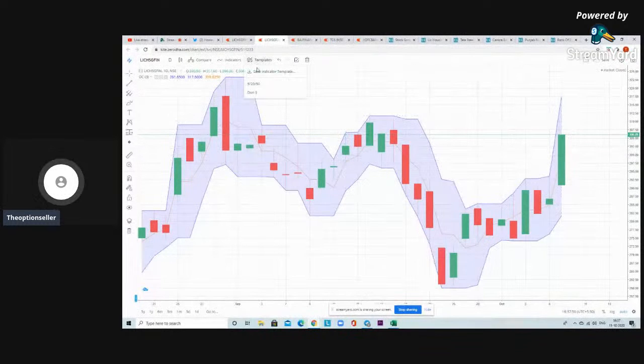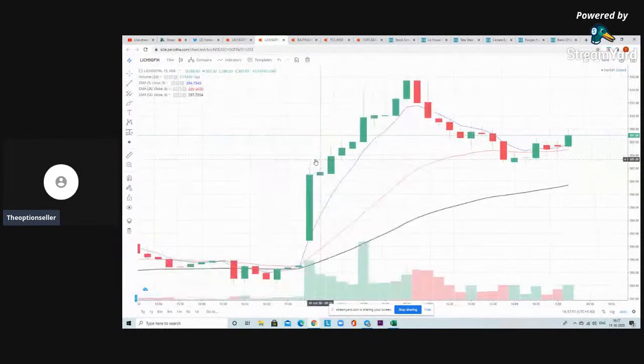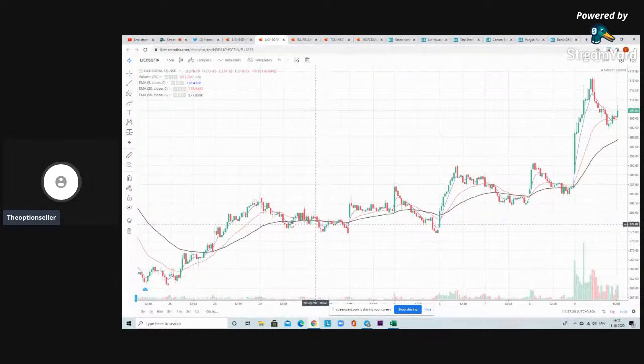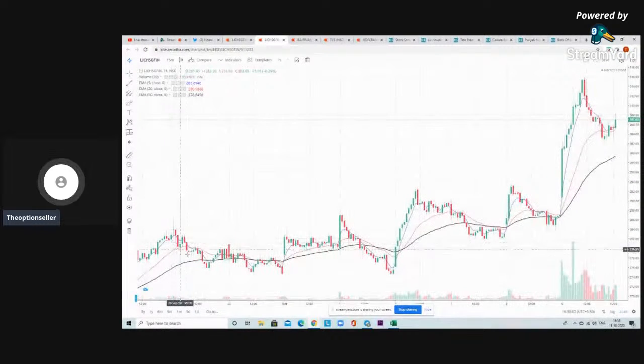So all the buy signals since the 29th could have been bought on LIC. Whenever it came down to the 20 EMA and went up, we could have bought.